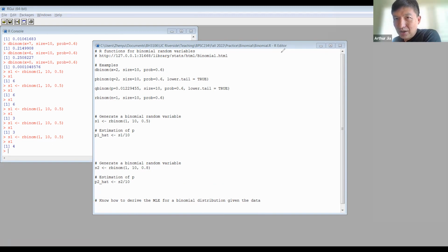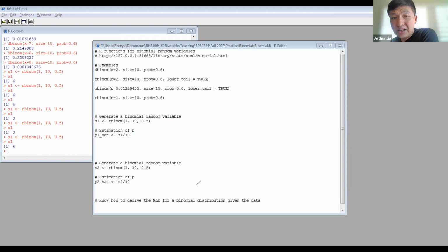Today I recorded that part to show you how we get the likelihood from the binomial distribution. Instead of dealing with the likelihood directly, we deal with the log likelihood. We take the first derivative, set it equal to 0, and solve.